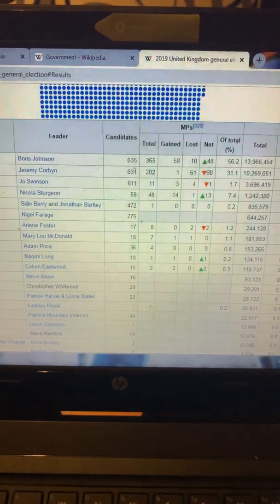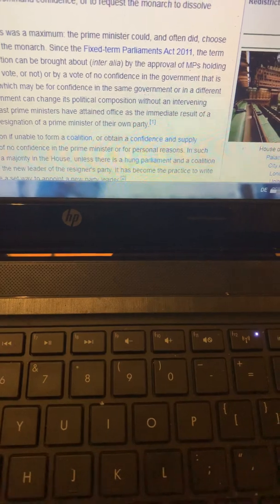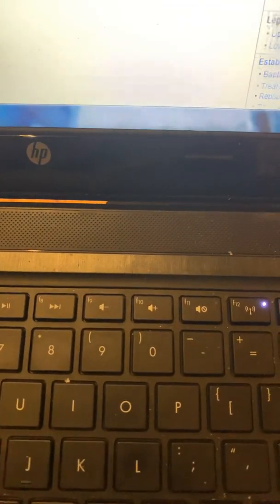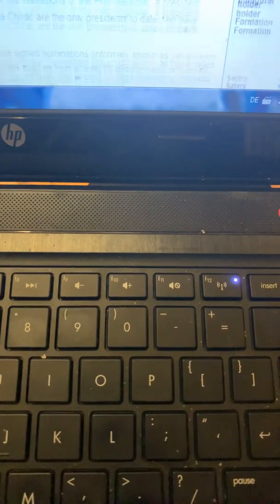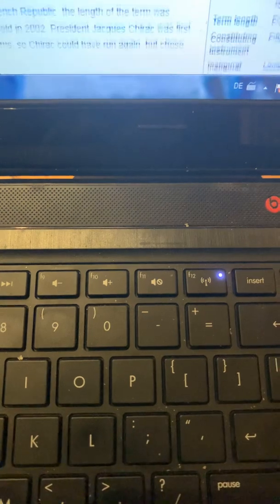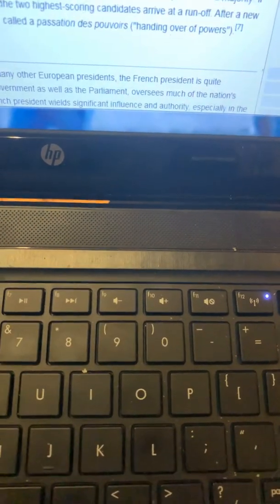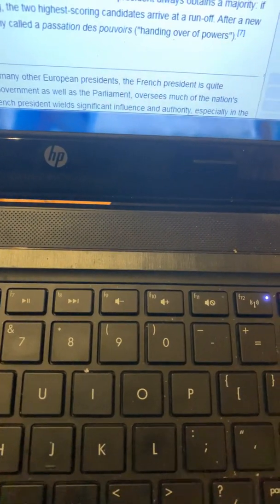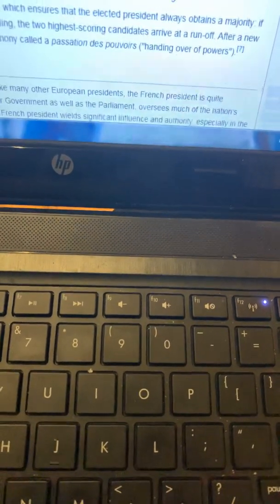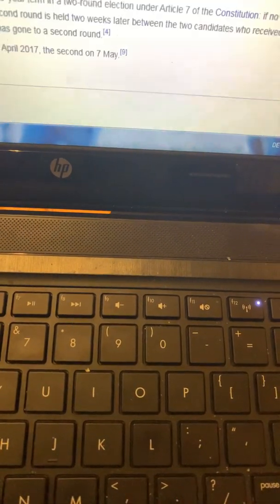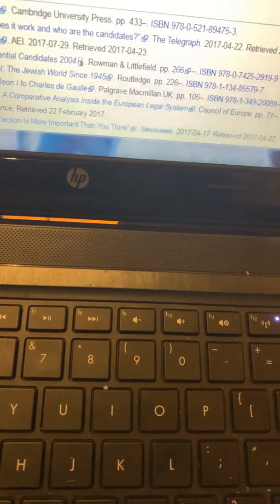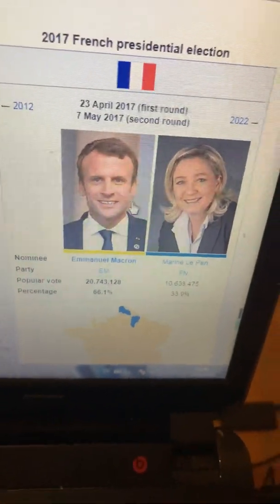So, and the two-round systems. In a two-round system, let's take the 2017 French presidential election as an example.